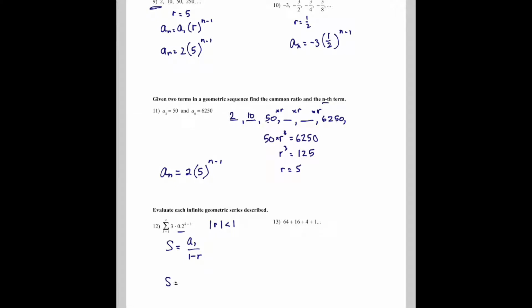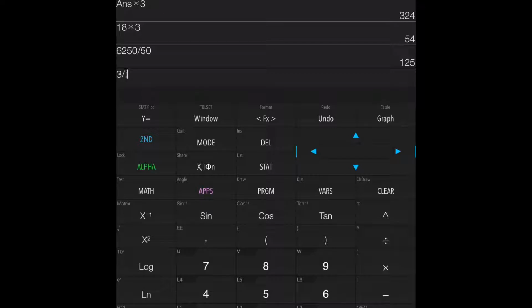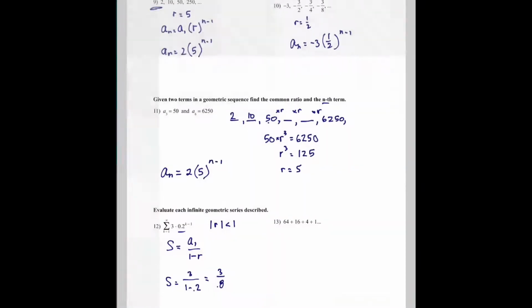So the first term is 3, and then 1 minus 0.2. So this is 3 divided by 0.8. So 3 divided by 0.8 is 3.75.